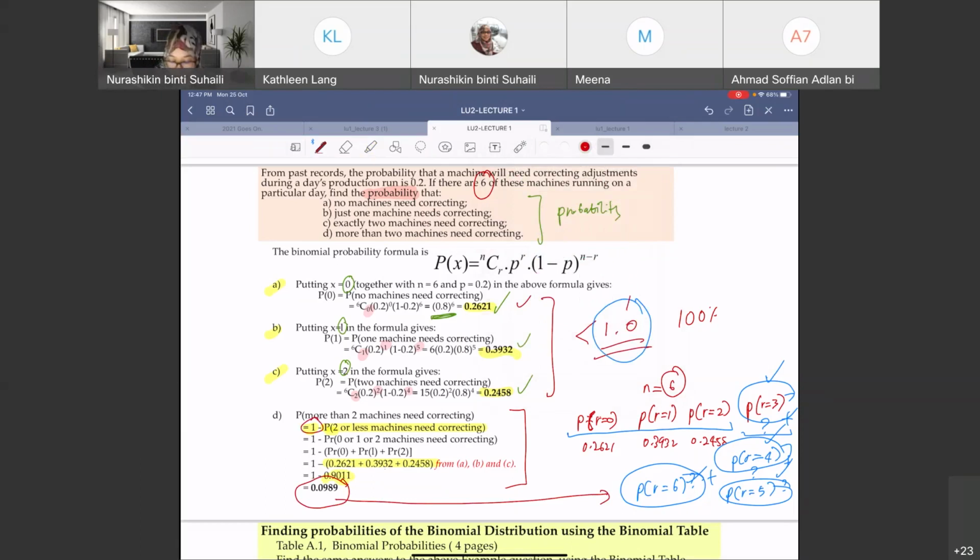So this is another piece of information that you have to know by yourself. Without having this information, you cannot use this approach. Okay, so that is binomial probability.